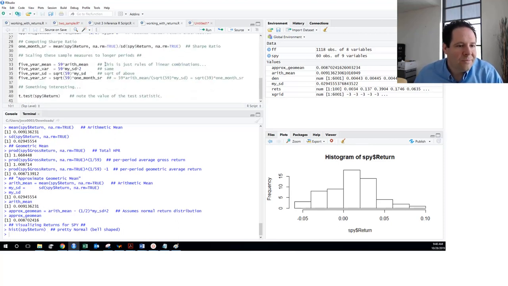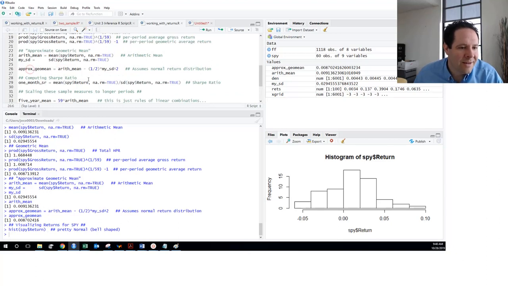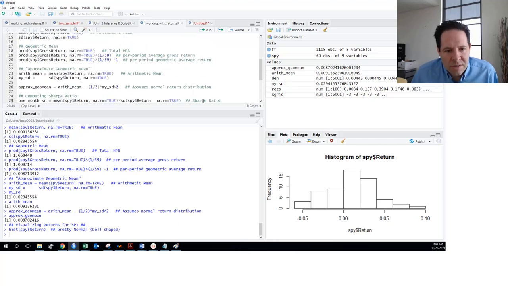So that's one of the useful things to keep in mind: that assumption of normal distribution doesn't look so bad, so this approximate geometric mean equation isn't such a bad one.